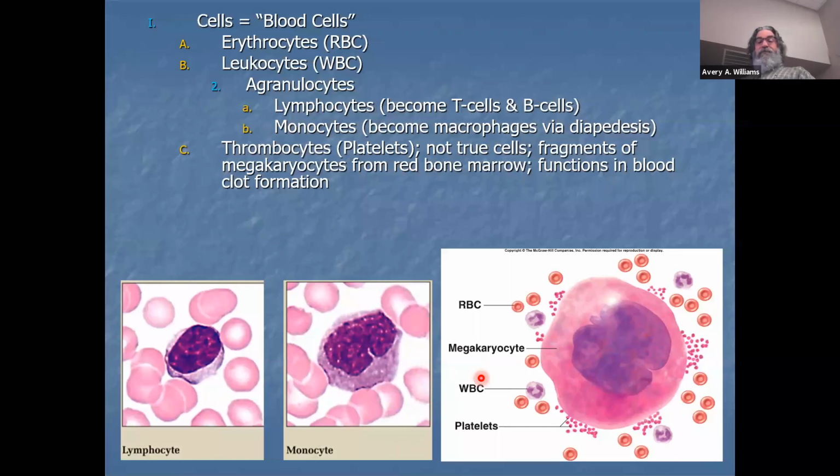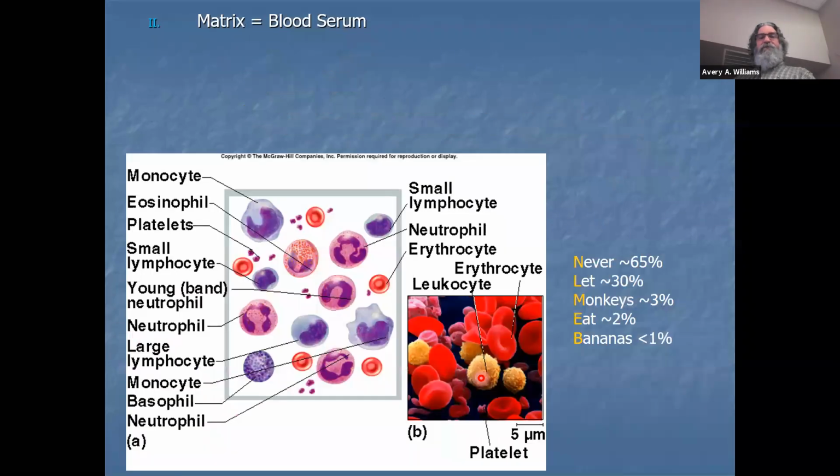But now you know where it comes from. And so I guess 3 main types of cells: erythrocytes, leukocytes, and thrombocytes or platelets. So if you're thinking about this in terms of a connective tissue, those are your cellular components of this type of connective tissue.